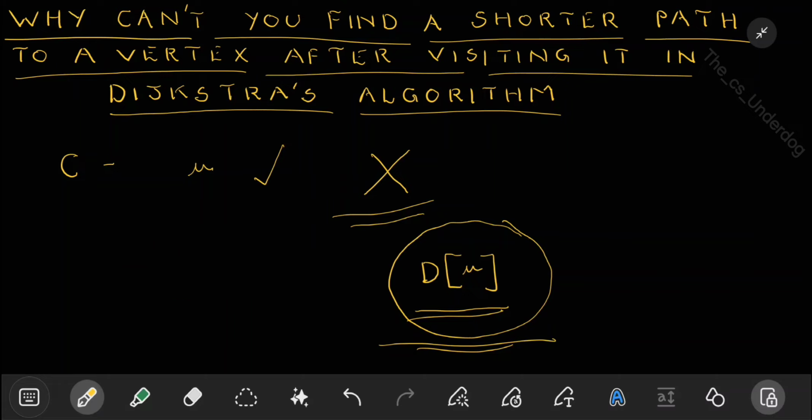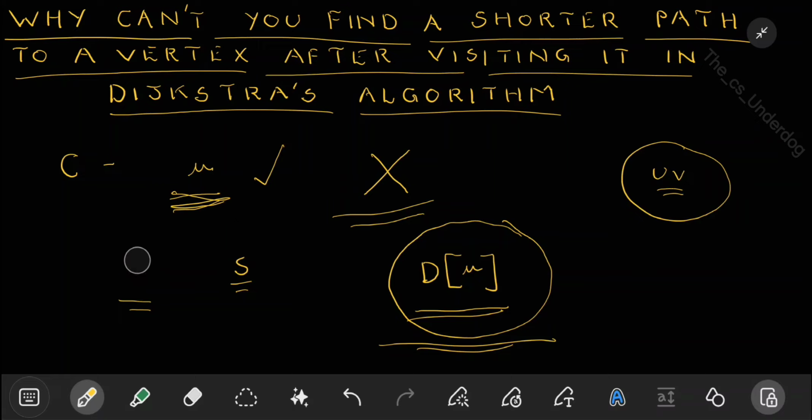Let us go to the point when you chose u to visit. At that point, u was chosen because it had the minimum shortest distance from S, right?